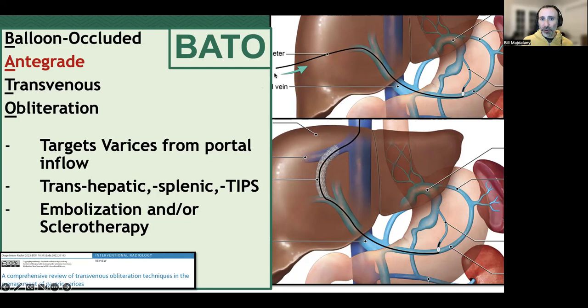So we're going to enter the portal system either from the liver, from a transhepatic or transjugular approach, or the spleen. And we're going to target the varix from one of those inflow veins, whether it's the gastric vein, short gastric vein, the left gastric vein, posterior gastric vein, etc. And then we're going to ultimately embolize and or sclerose it.